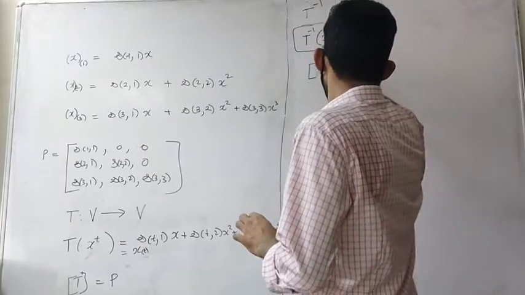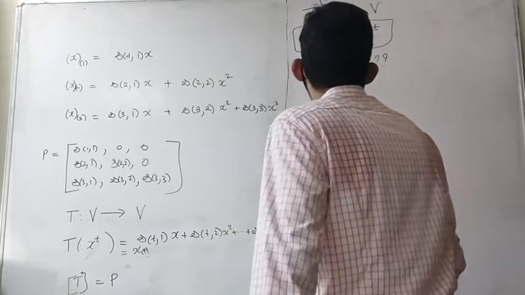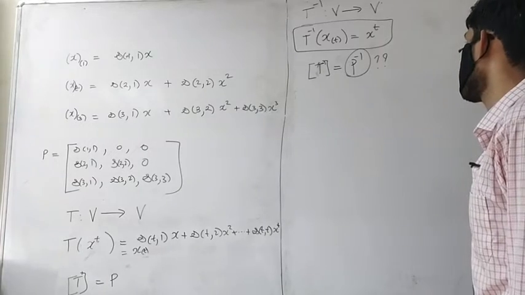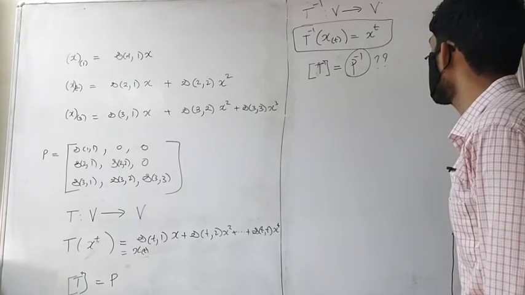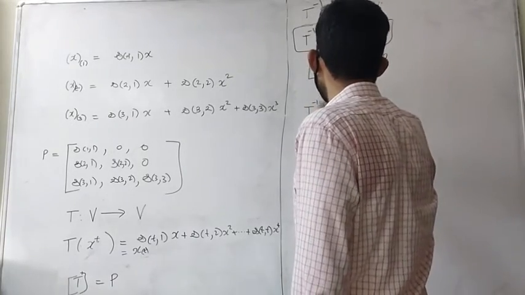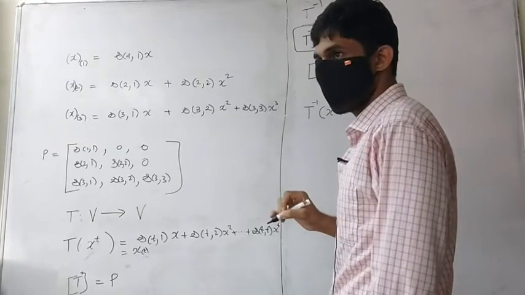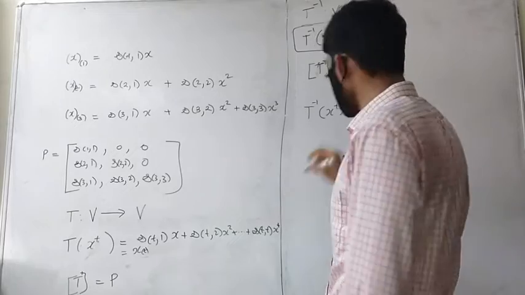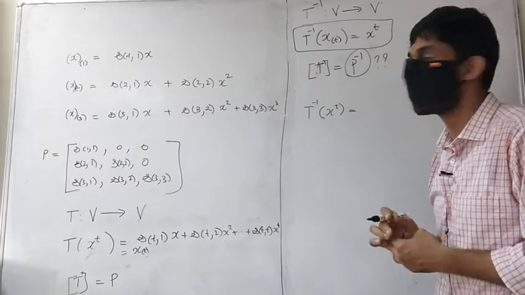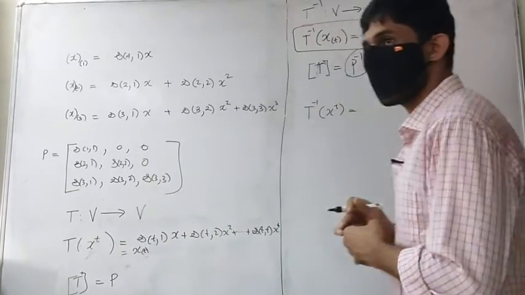So to get P inverse, it is in fact asking you to represent, it's asking you, where does T inverse of x raised to t go? We know that this goes here by the inverse, because that's the way T is defined.